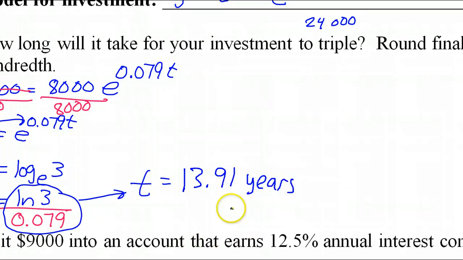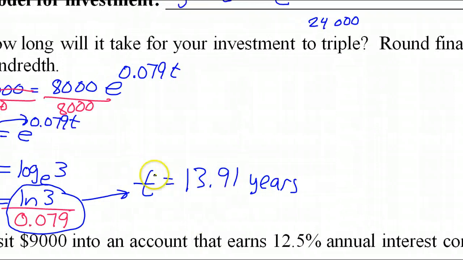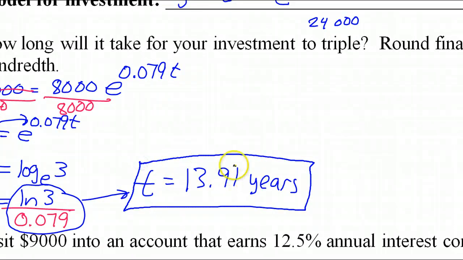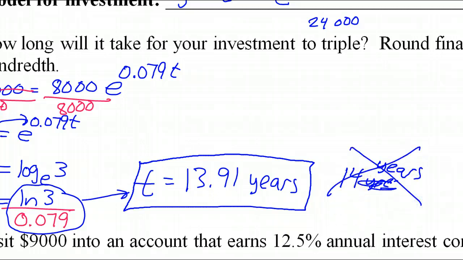Do not use the table function on your calculator. I cannot overemphasize this. If you look on your calculator and you're estimating, this is pretty close to 14. So you might go, oh yeah, 14. If you just put down 14 years, I can't spell years all of a sudden, if you just put down 14 years, you will not get any credit.